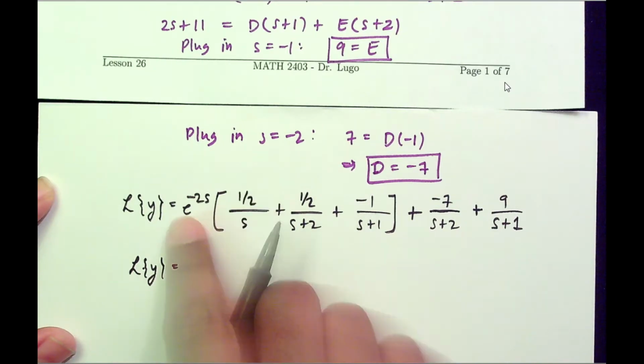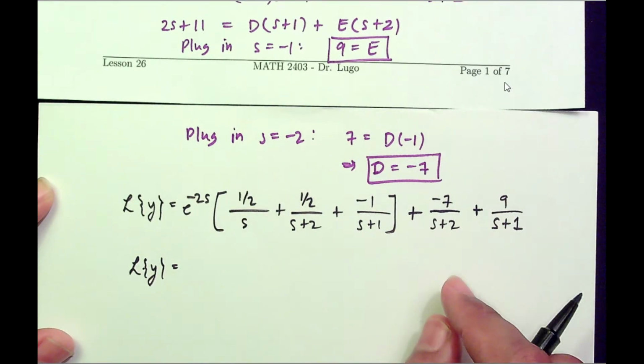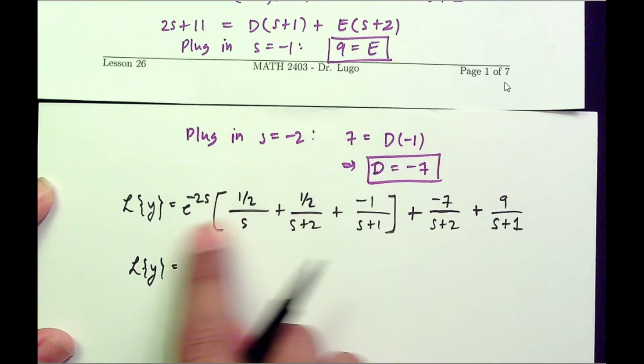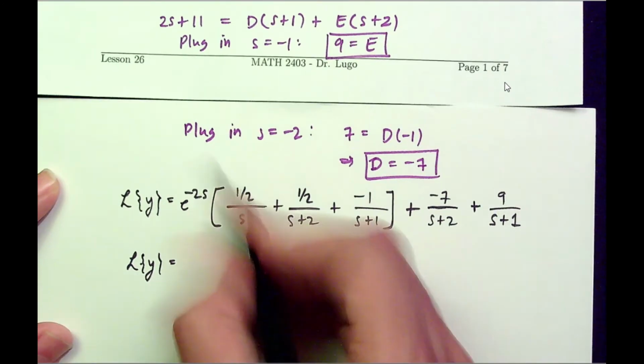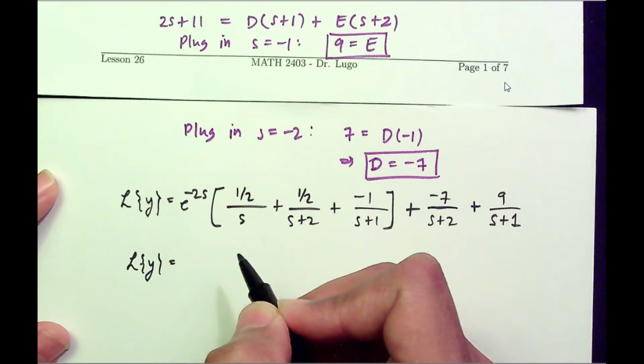I want to distribute this because I cannot find the whole thing at once on the table, so I need to distribute it. And I'm going to put the constants which usually don't really matter in the front.